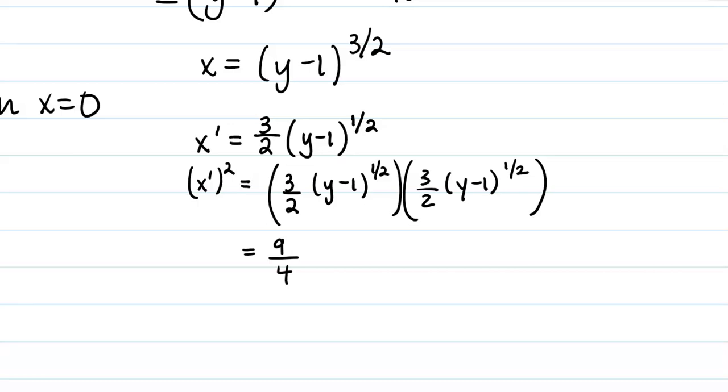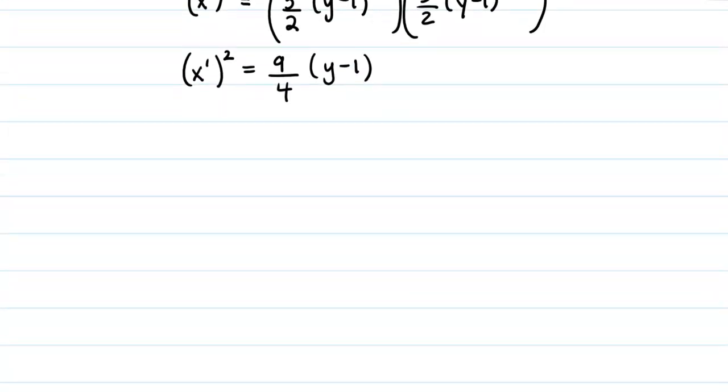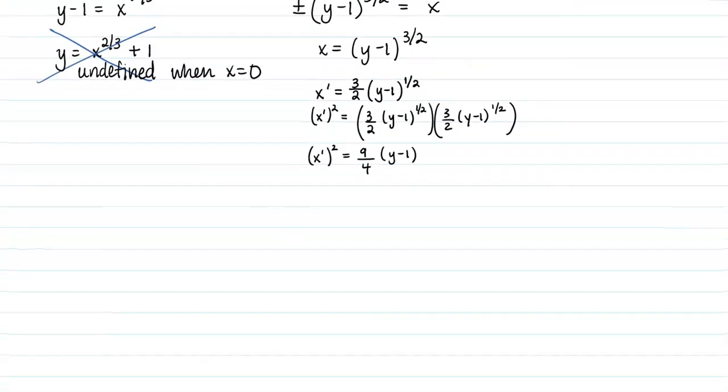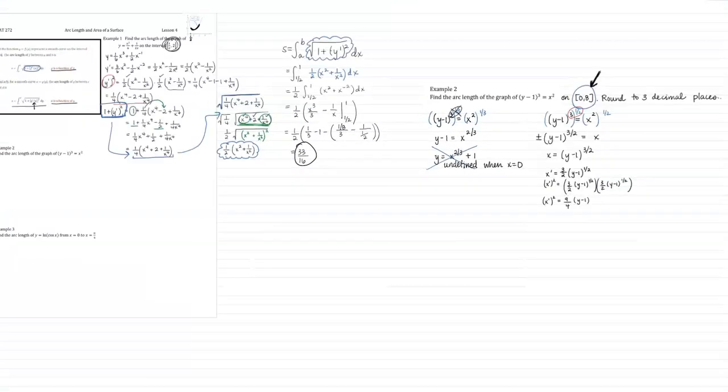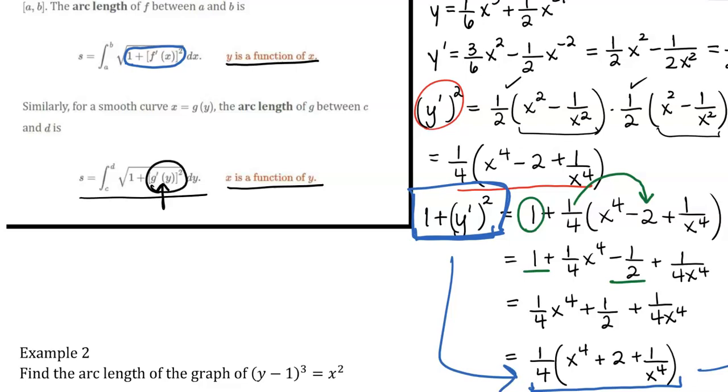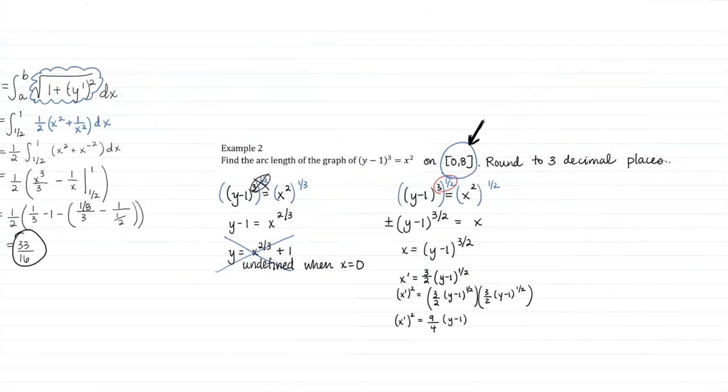I could have just squared both the terms. The y minus 1 to the 1/2 multiplied with the y minus 1 to the 1/2 will just give us a y minus 1. So we have the derivative squared. Now I'm going to see what is the derivative squared when I add 1 to it, because remember, part of what we have to do is we have to take the derivative, square it, and then we have to add 1. And then we will go in and put that under the square root.